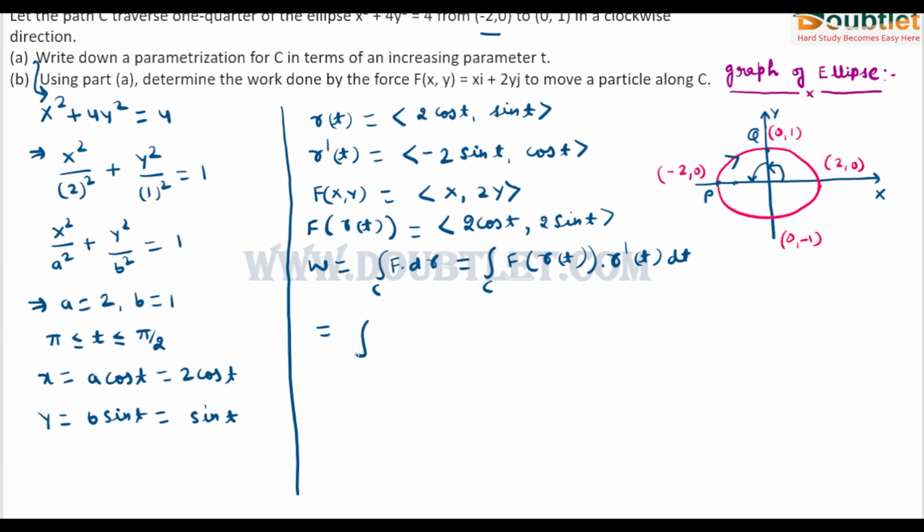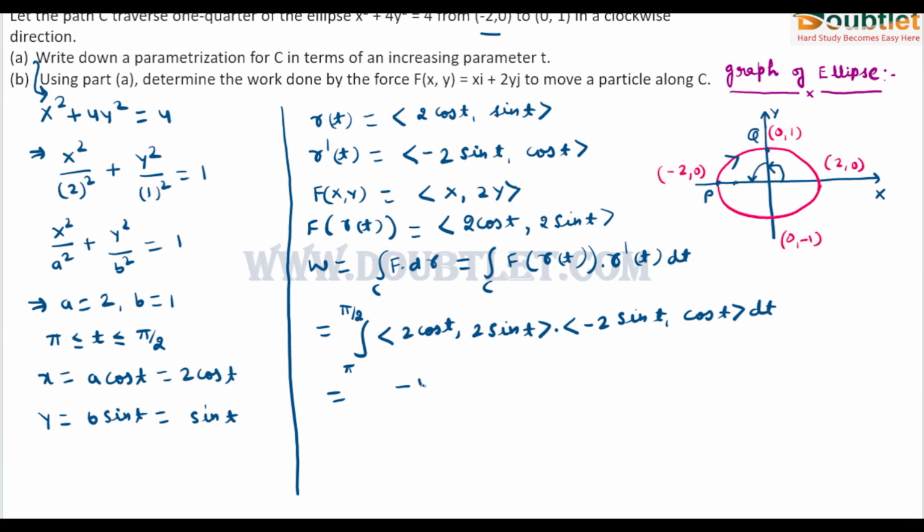We write the integral from pi to pi by 2, where F of r(t) is 2 cos t comma 2 sin t, and we perform the dot product of it with r dash t, which is minus 2 sin t comma cos t, and integrate with respect to t. On solving, we multiply this by this plus this by this, because it is the concept of dot product.